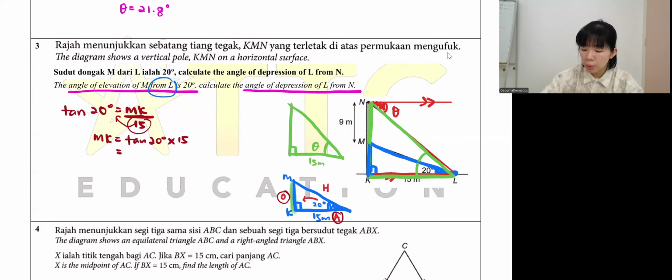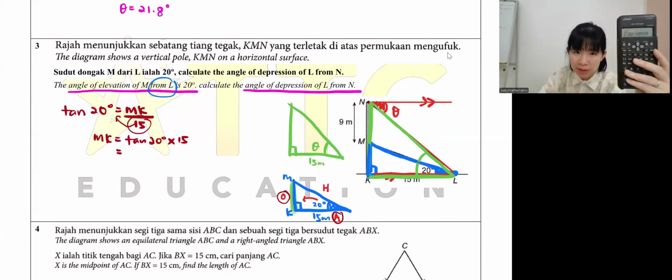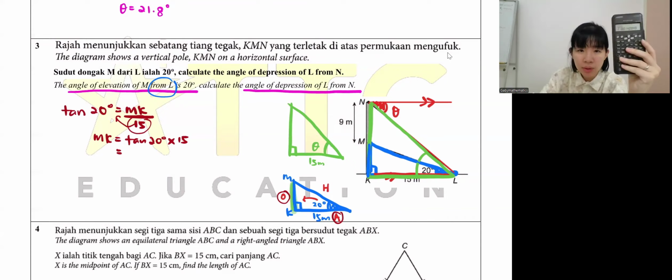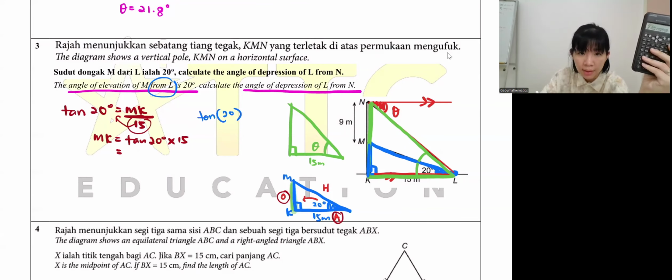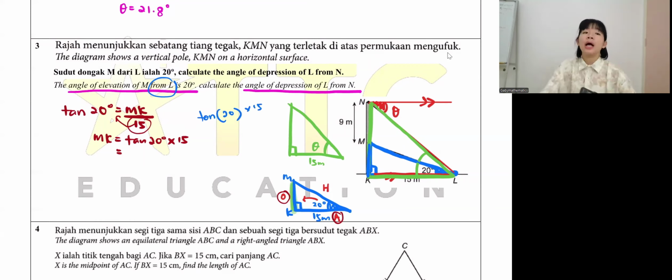If your calculator opens the bracket itself, like the white, blue or pink calculators, when you put tangent it opens a bracket. So you key in 20, you have to close the bracket, then only times 15. Understand? Otherwise, your answer will be different.